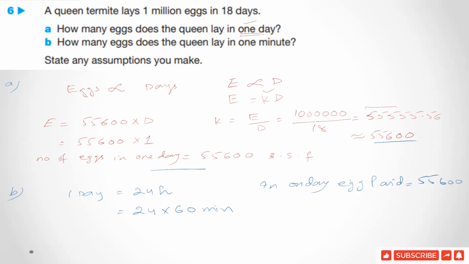Now if I want to find out how many eggs are laid in a minute, the eggs laid in 1 minute will be 55600 divided by 24 times 60.